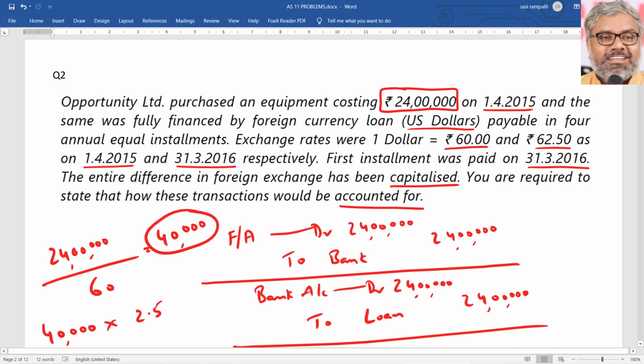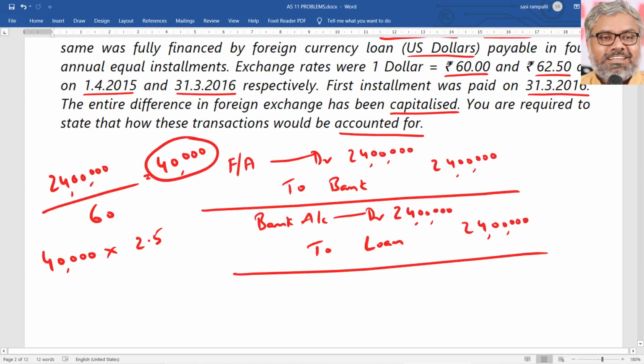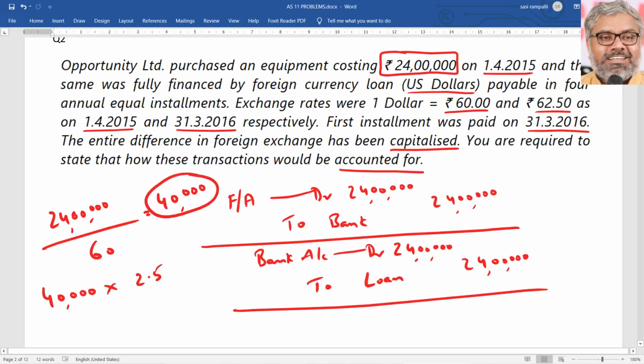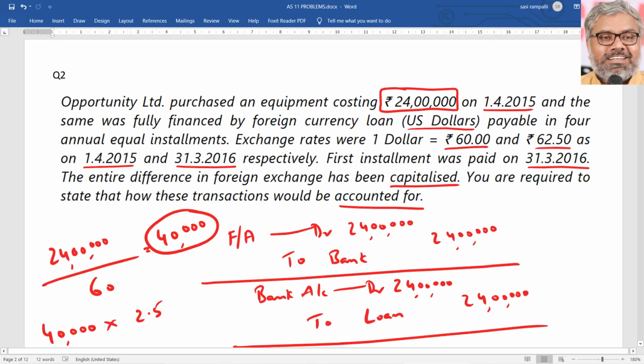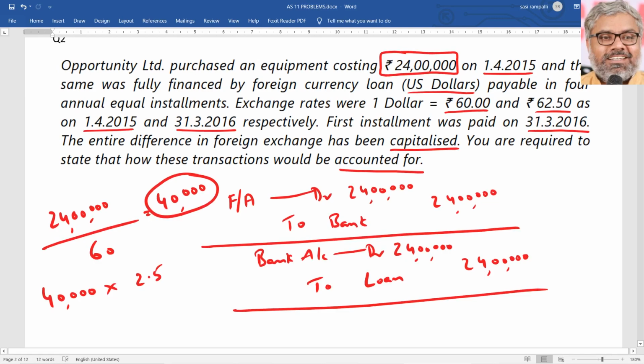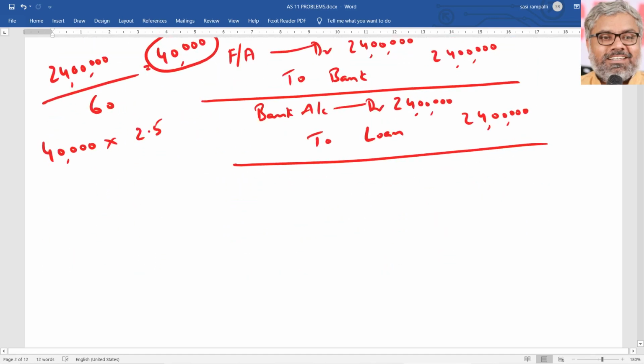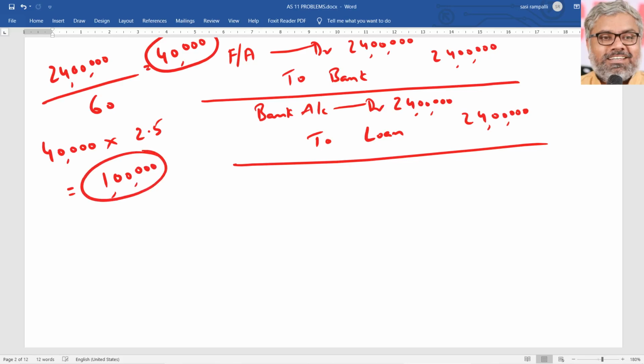Because of that, the same $40,000 which were earlier valued at 24 lakhs now will be valued at 25 lakhs. Naturally, 62.5 into $40,000 is 25 lakhs. That means how much is the loss now because of that? 2.5 rupees per dollar was the difference. That means 1 lakh rupees is the exchange difference, we can call it. In this particular case, it is loss.